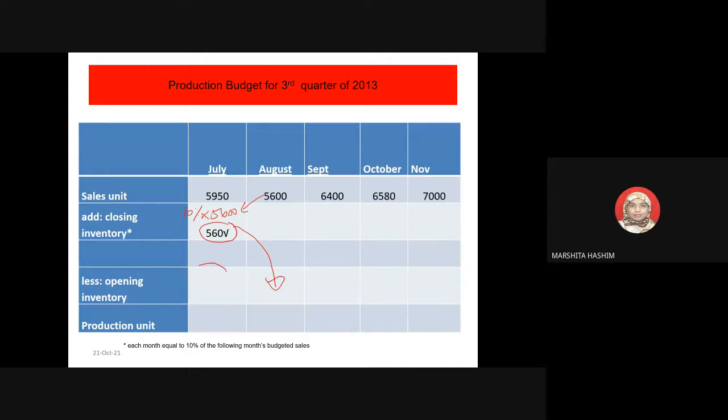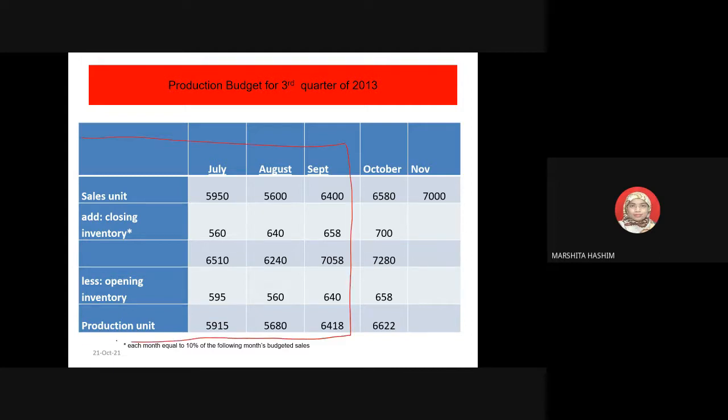You can calculate this figure based on closing inventories for June, whereby 10% you multiply by 5,950, then you get 595. And then you solve the July column. So your forecast production for July is 5,915 units. Again, only this column is compulsory. The rest is actually your workings.